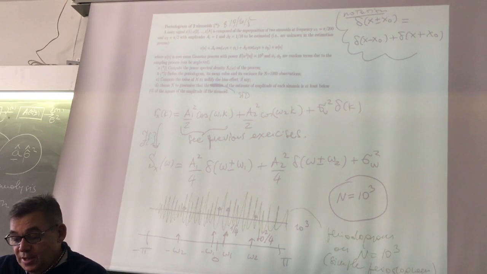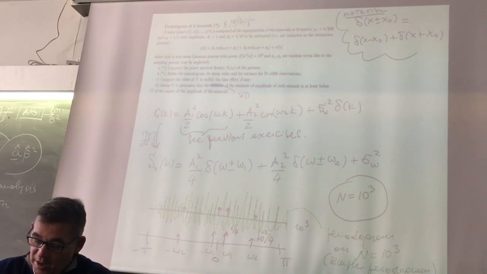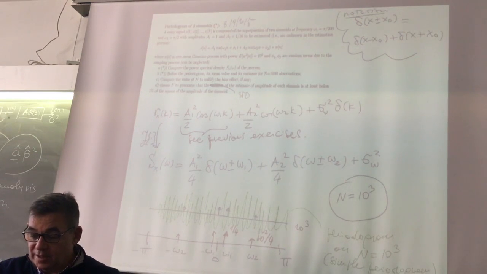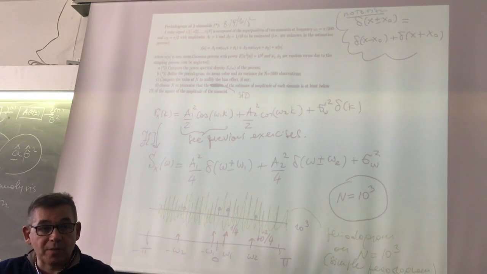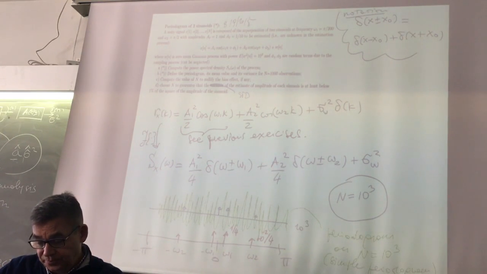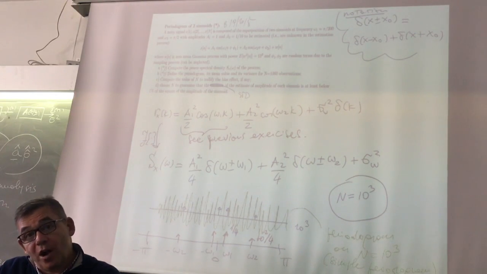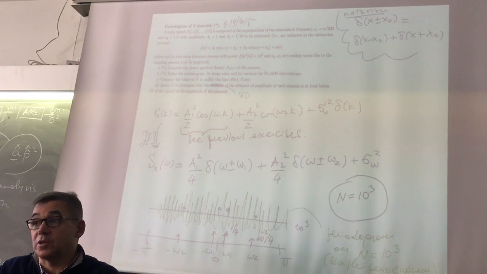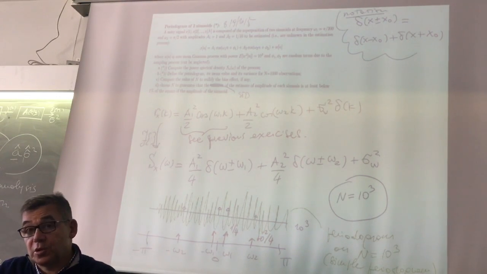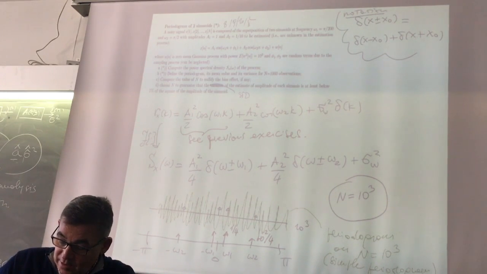Now the question is, I want to calculate the bias in this case. I know from the theory that the bias is evaluated from the expectation of the periodogram.